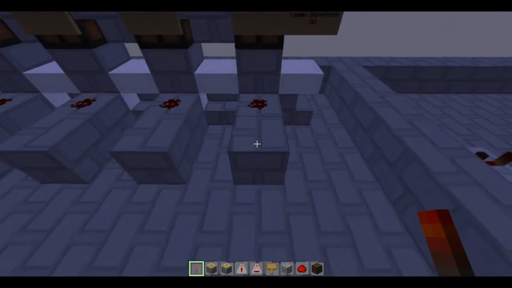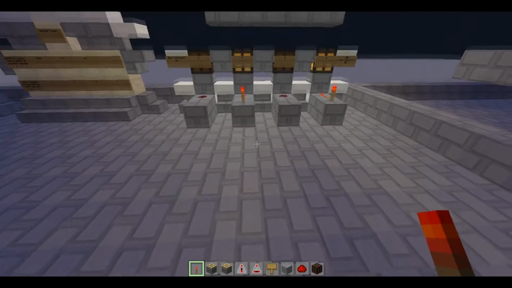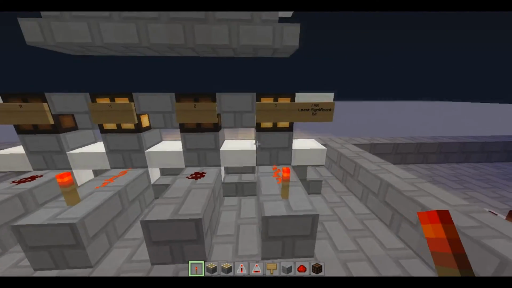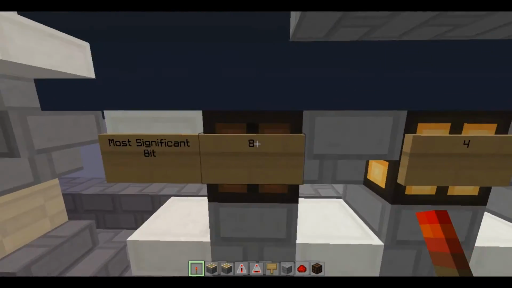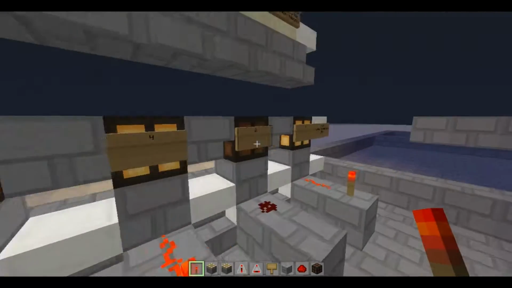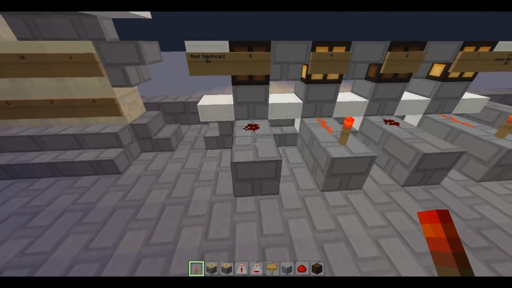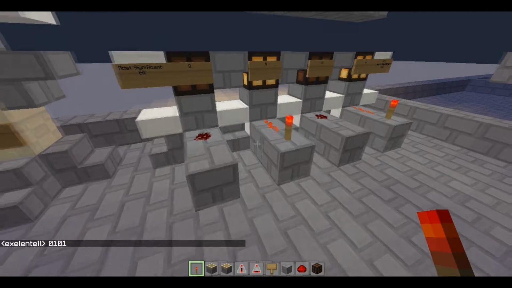So let's just add a few torches. Now if we're reading this in ones and zeros, remember we start from here, because obviously we always read from left to right, so we know when to stop. So at the moment, that gives us 0, 1, 0, 1.